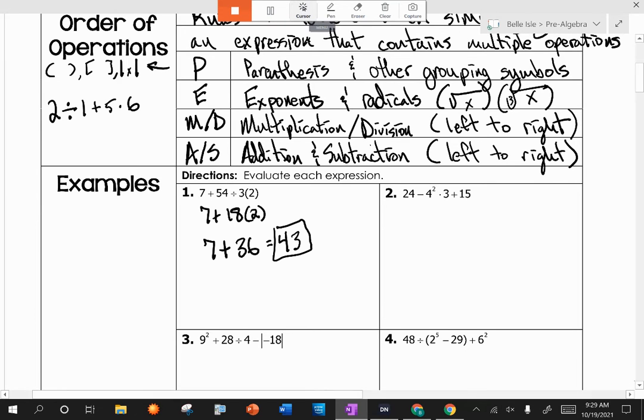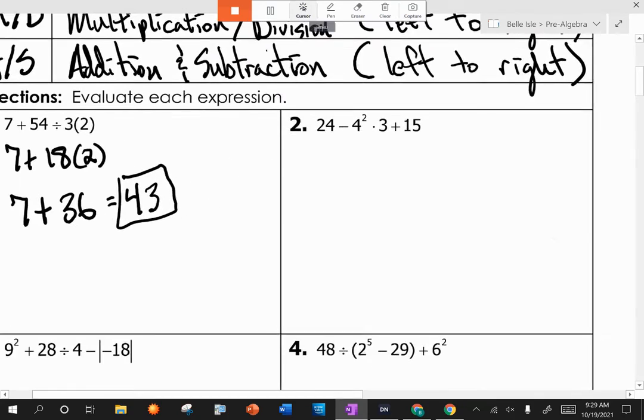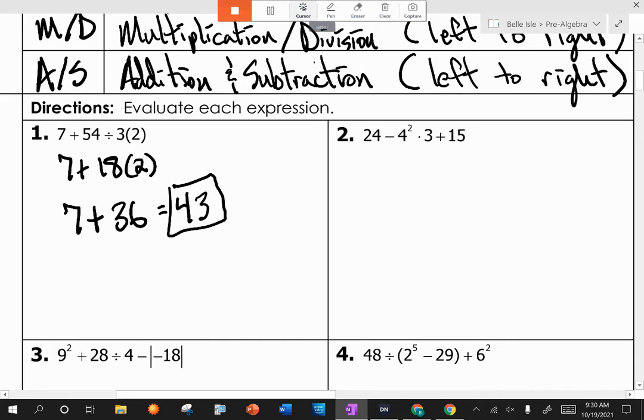Okay, let's do number 2 together. We got 24 minus 4 to the second power times 3 plus 15. Okay, so 4 to the second power is the first thing we need to do. Okay, what is 4 to the second power? So if 2 to the second power means you're doing what?